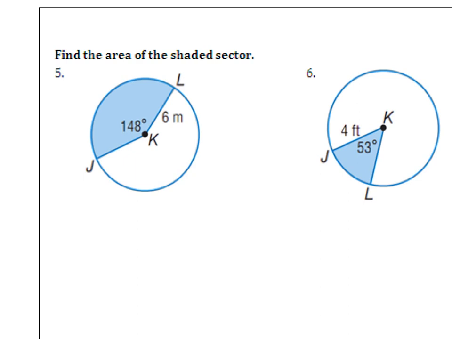So if we look, find the area of the shaded sector. See that shaded sector is 148. My radius is 6. So the way that works is I want 148 over 360 because that's the part of the circle I'm dealing with, and then I'm going to multiply that times 6 squared pi. If you throw it all in the calculator at once, you're going to be in trouble.